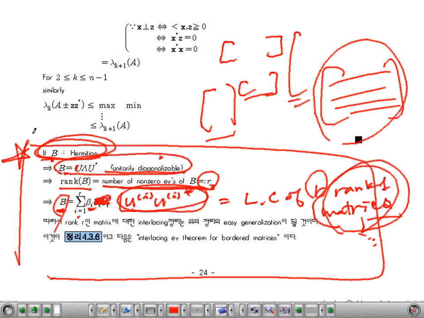We only study the Hermitian part of the matrix. A Hermitian matrix is unitarily diagonalizable, and theoretically everything can be done. But many problems related to Hermitian matrices, particularly optimization problems and linear programming problems, only require the information of the eigenvalues, which are all real and have an order.